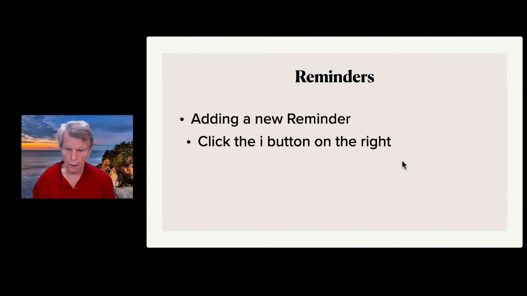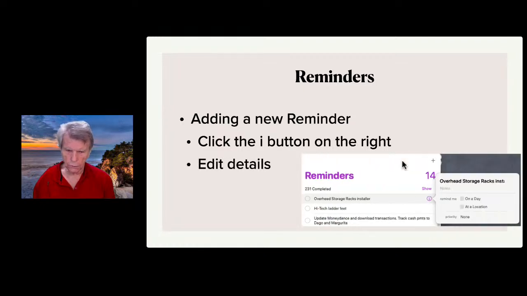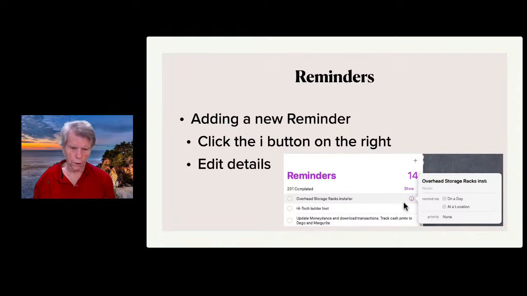So again, you click the i button on the right to edit the details. So to review, here's the i button. You click on the check box in front of on a day, and we'll look at location here in a second.